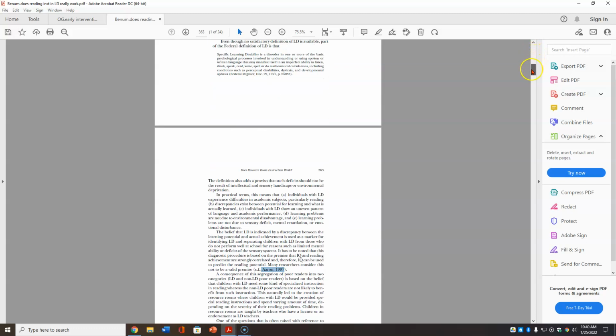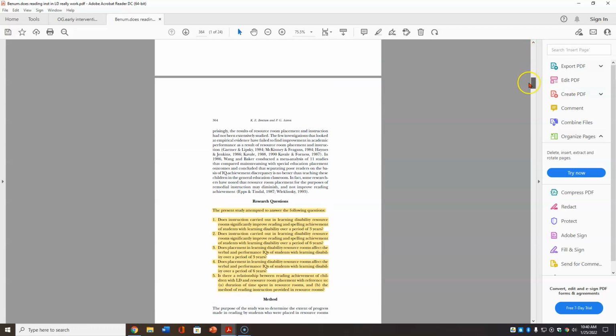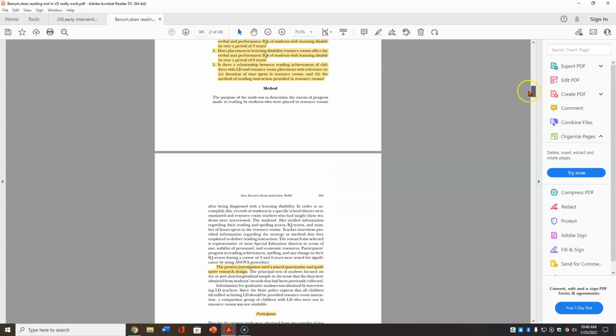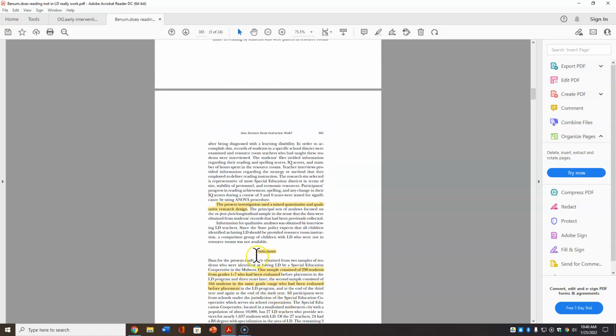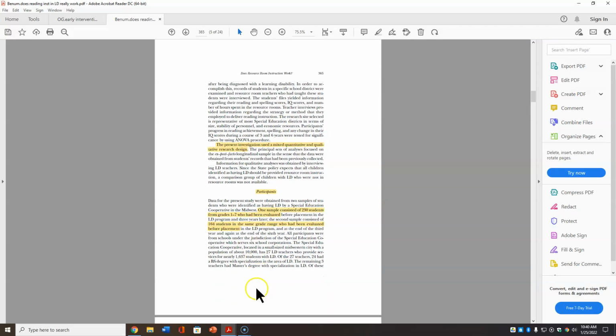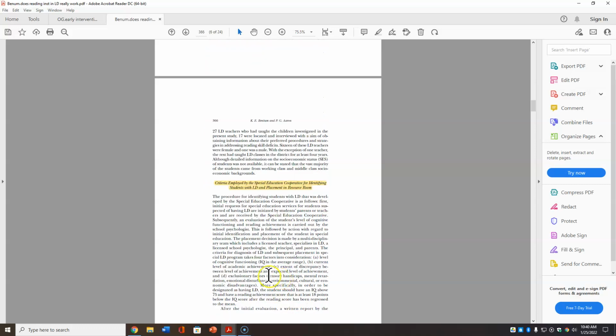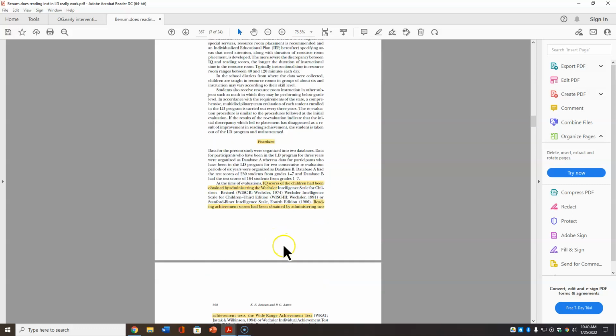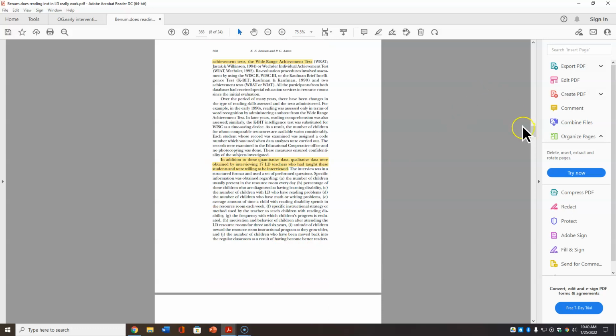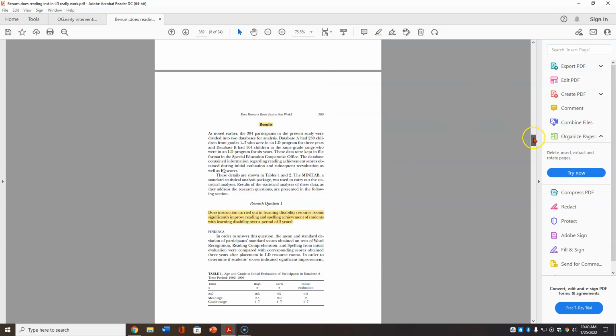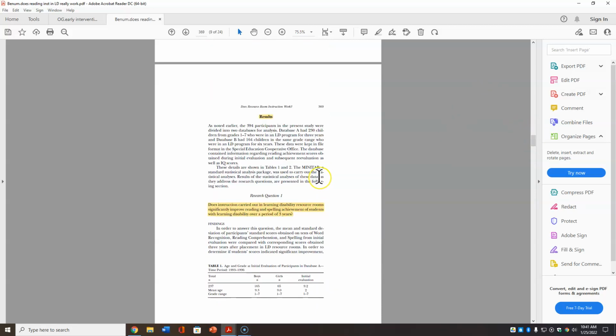That invited me to look at the research questions specifically, the methods, what data were collected, how, the participants, the type of instruction they had, okay, and how they were identified, and the procedures. Then I went to the specific results, and the results is just the data. They're just describing the data.